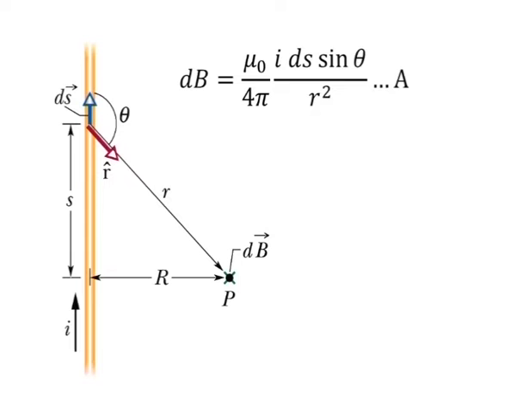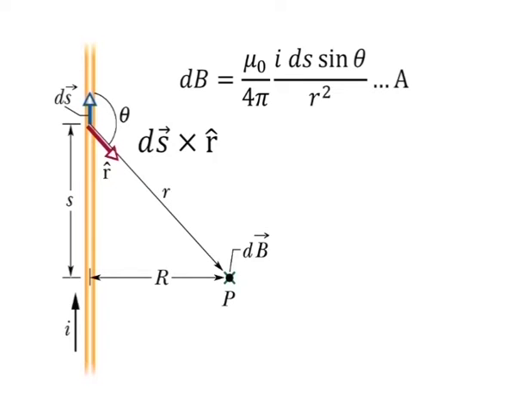The direction of the differential element of magnetic field is that of the vector ds cross unit vector r, directly into the page. Note that the differential element of magnetic field at point P has the same direction for all the current length elements into which the wire can be divided.